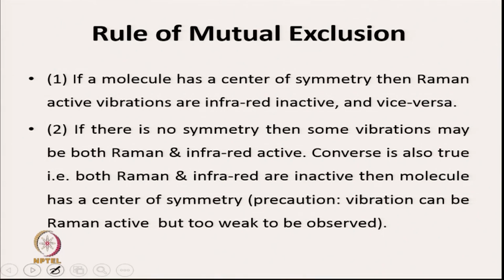The converse is also true, that is, if both Raman and infrared are inactive, then the molecule has a center of symmetry. So, this rule of mutual exclusion is for molecules with a center of symmetry, and then either the mode is infrared active or Raman active. It cannot be both Raman and infrared active.